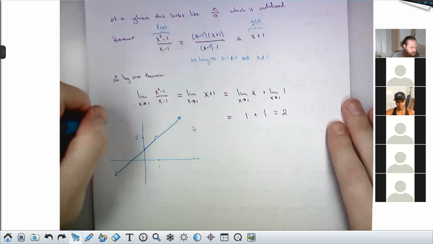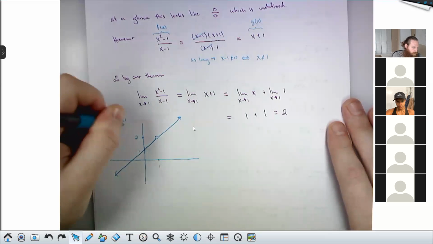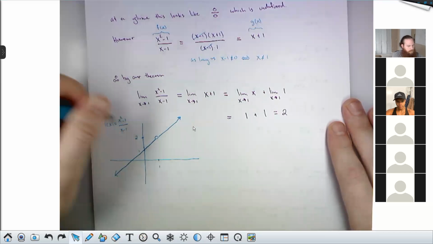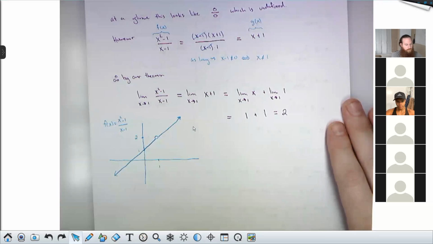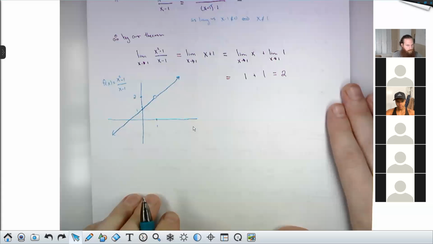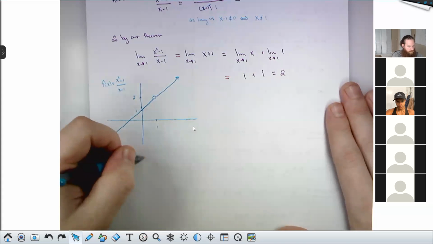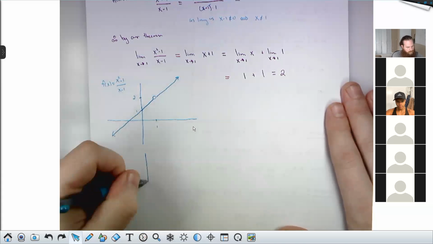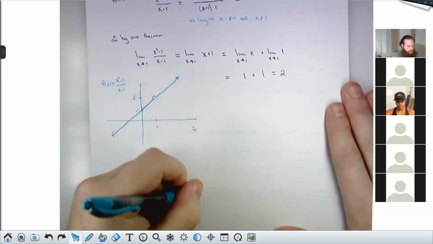Here's the graph of f of x equals x squared minus 1 over x minus 1. And down here is the graph g of x equals x plus 1.